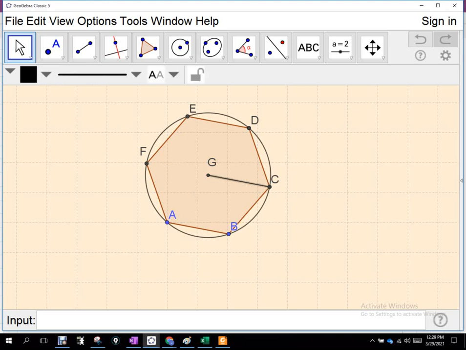Do you guys agree that that distance right there starts at the center of the regular polygon and goes to a vertex? Okay. What are you noticing about the radius of the polygon compared to the radius of the circumscribed circle? They're the same thing. Okay. They are the same thing.